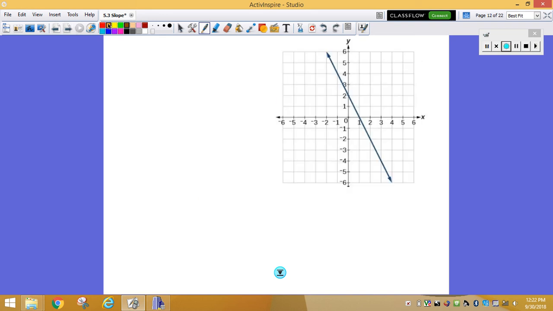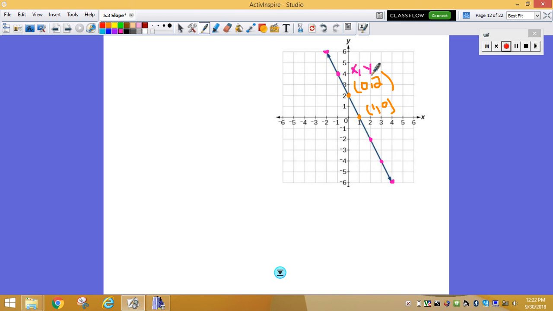So let's do this one. Intercepts again. I love intercepts. I'm going to use this one, which is at 0, 2. I'm going to use this one, which is at 1, 0. Some other points, if you were looking at it and you're like, couldn't I use that? You could use this one, or this one, or this one. But again, I like intercepts, so that's what I'm going to use.